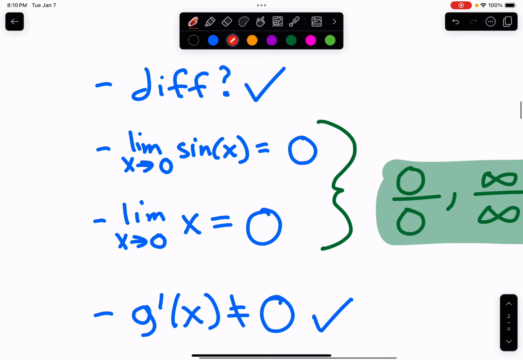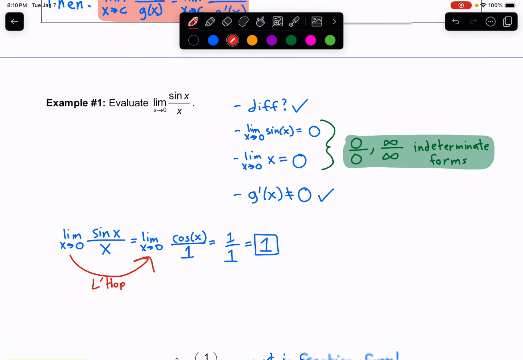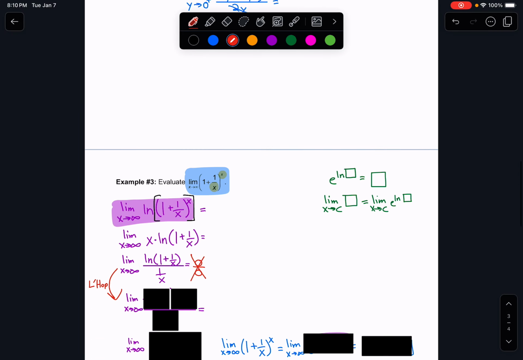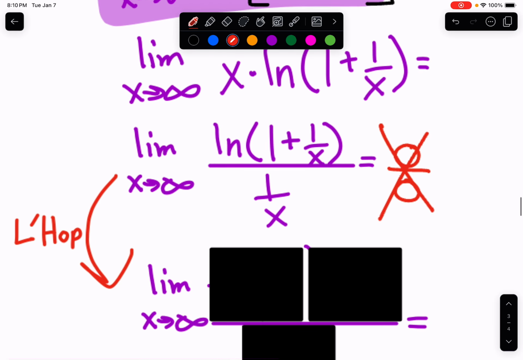We want to show the limit of the numerator and denominator separately, and make sure we say that both numerator and denominator are differentiable. We never want to write indeterminate forms in our work. So no 0 over 0 and no infinity over infinity in my work, but L'Hopital's rule will apply.